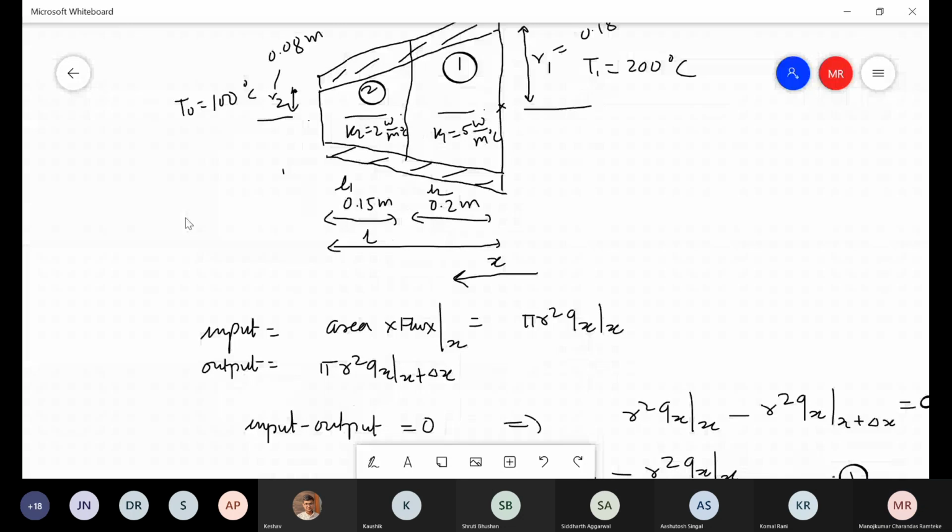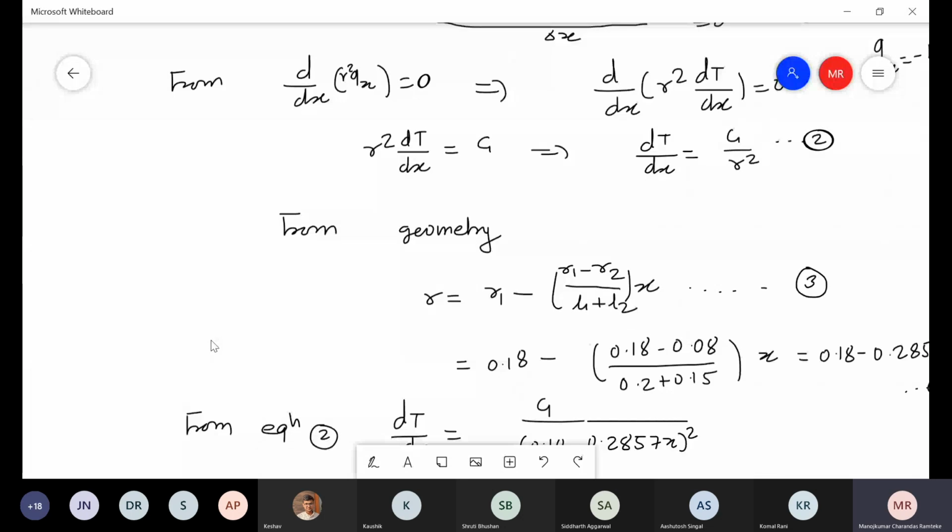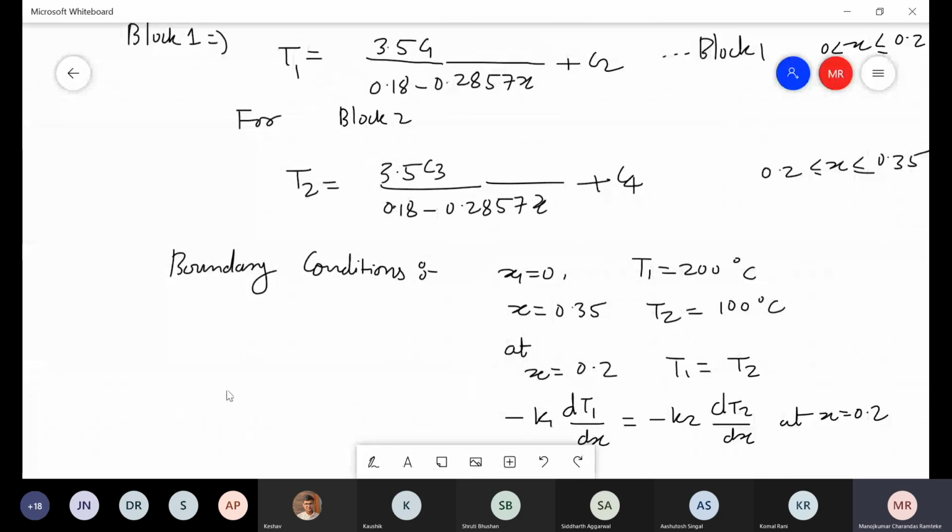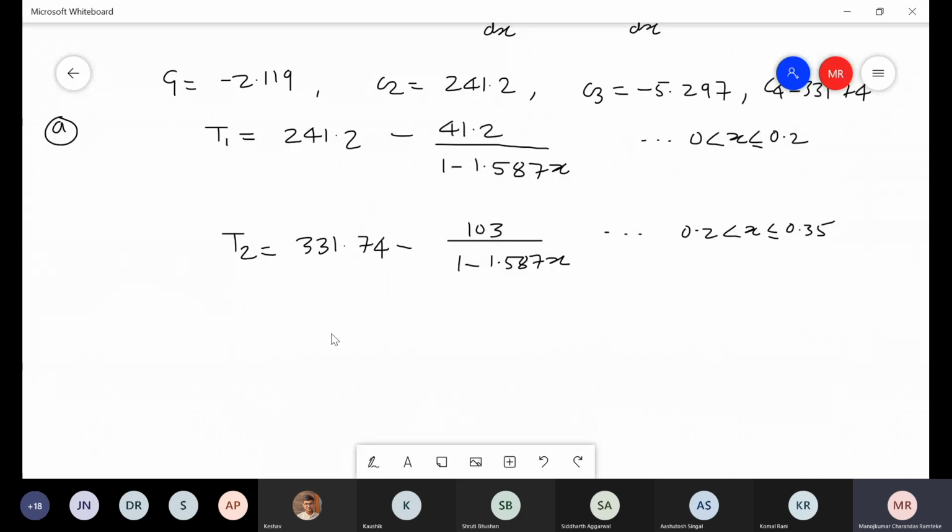Can anybody? How do we find out the Q in any geometry? So heat flux into area remains constant, isn't it? Heat flux into area remains the constant.